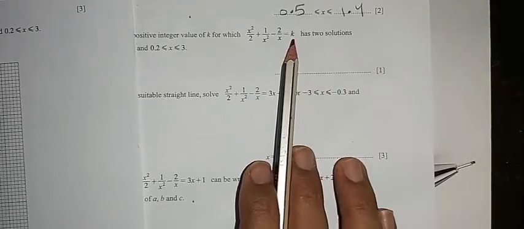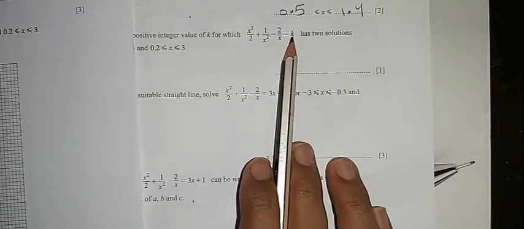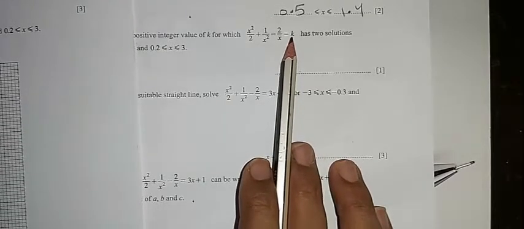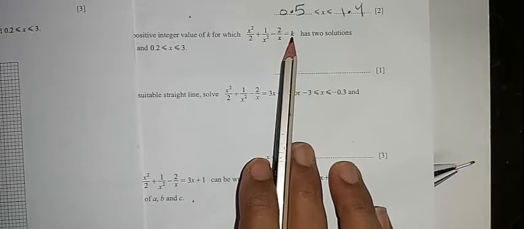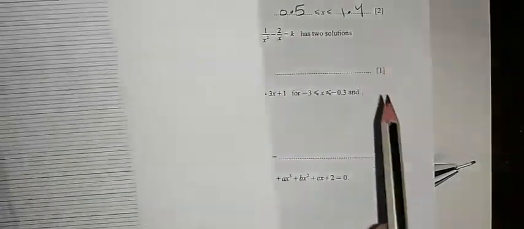This k is a constant, an integer, and k represents a linear equation, a straight line, horizontal, parallel to the x-axis.